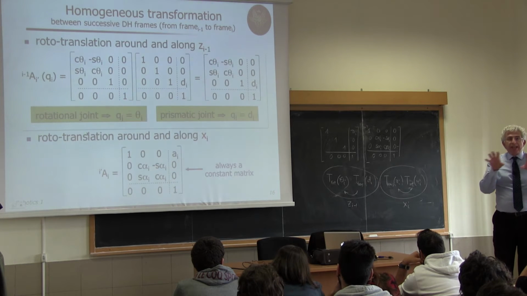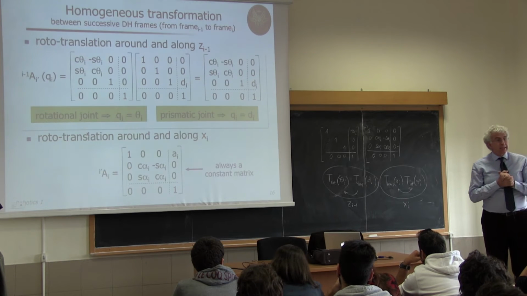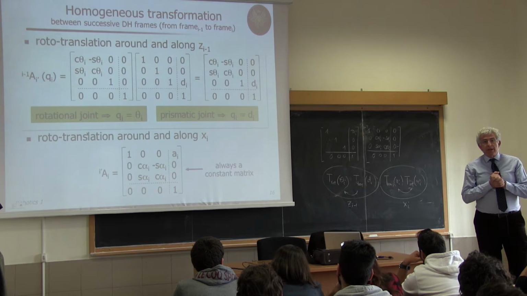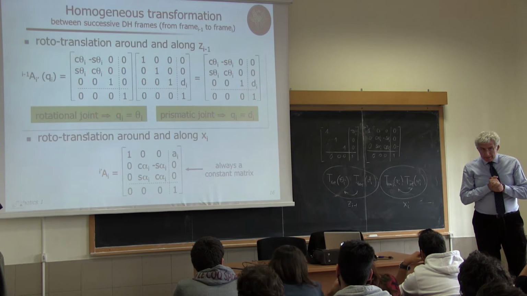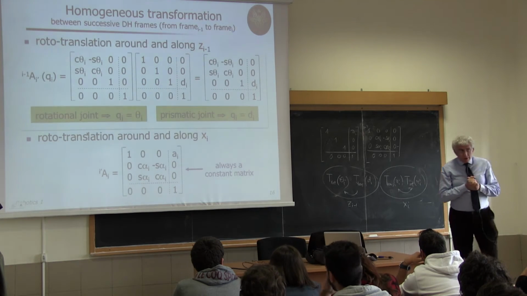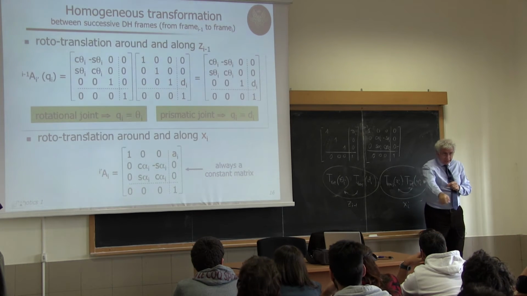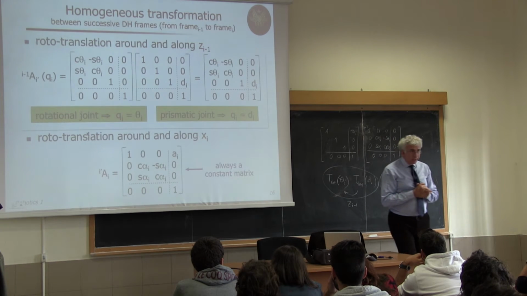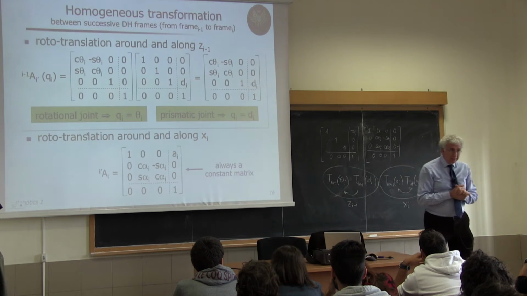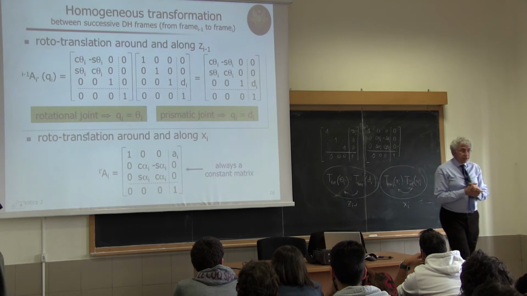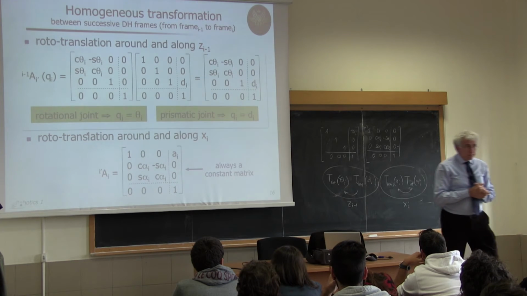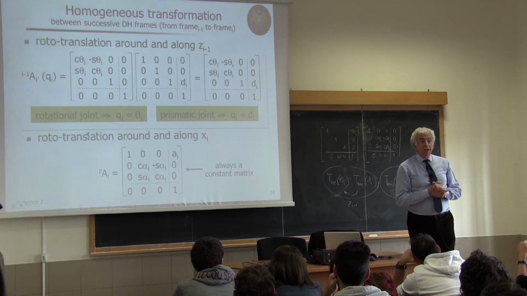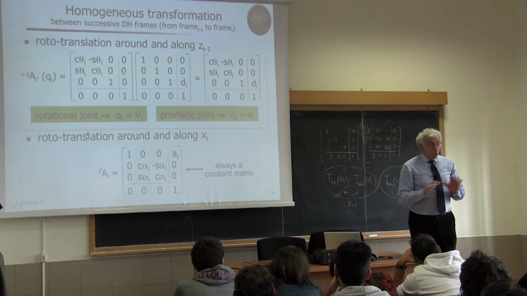Can I exchange the order of two translations along different axes? Do they commute? Yes. If I'm going from here to that point, if I move first here and then there, it is exactly the same thing as moving first there and then going here. Okay? So translation always commutes.